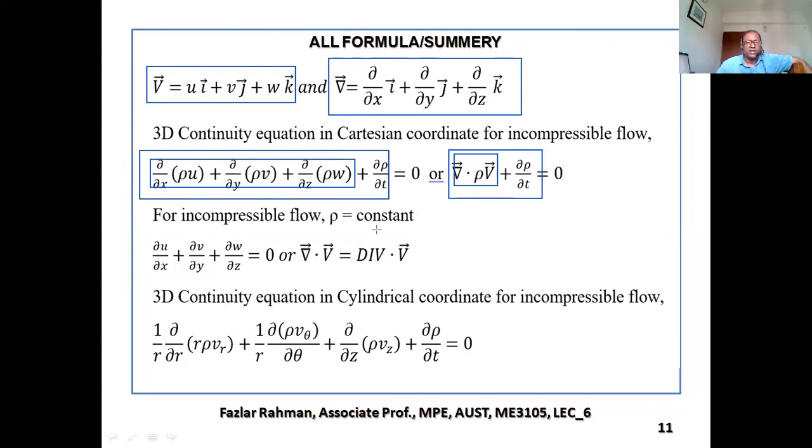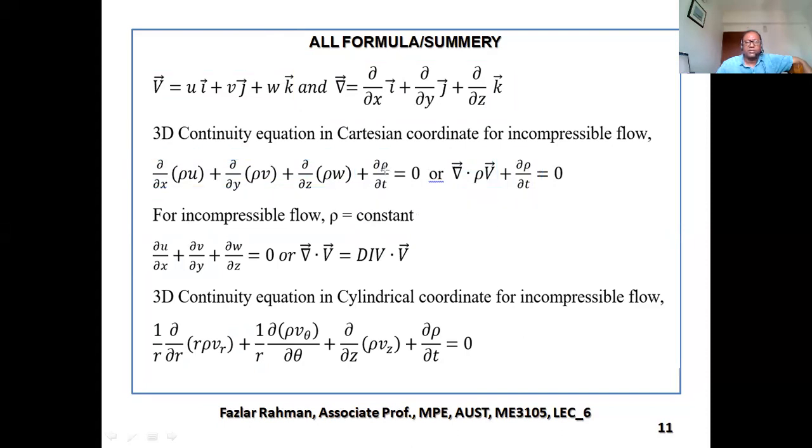Then for incompressible flow, your rho is constant, so this will be 0. Then the continuity equation becomes this one. This will be 0, if the flow has constant rho.